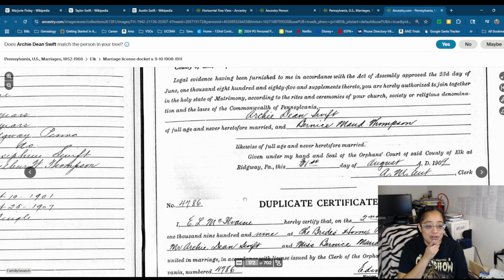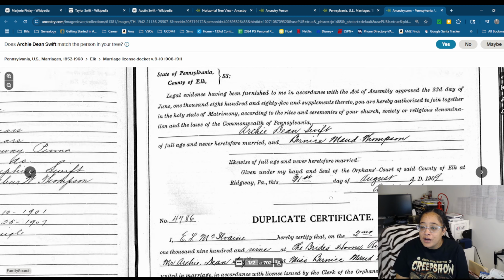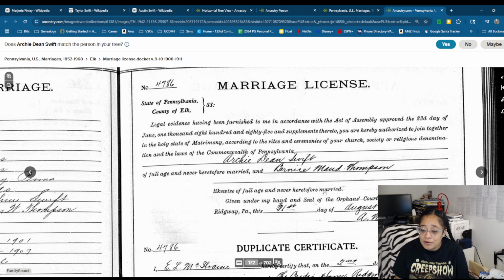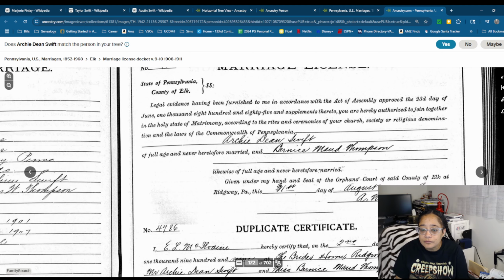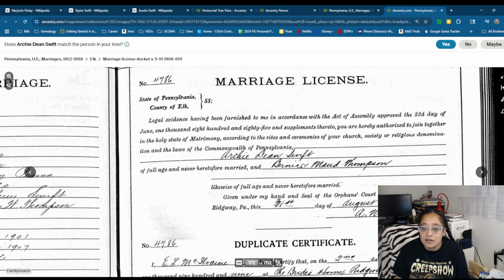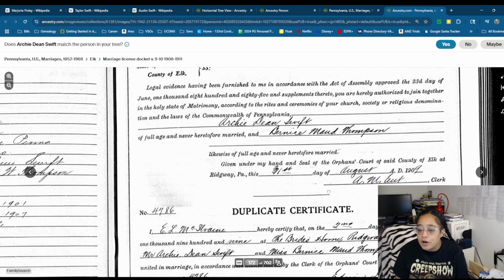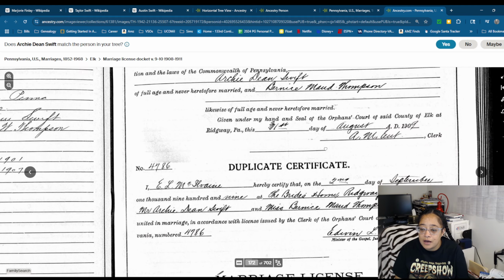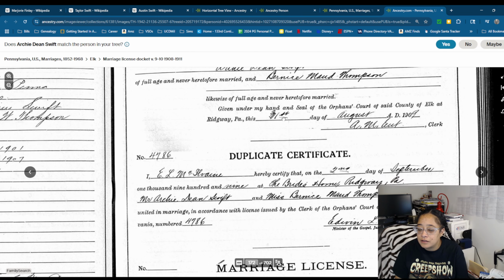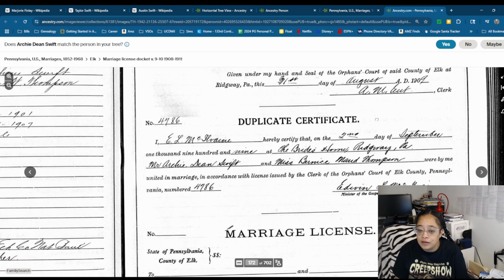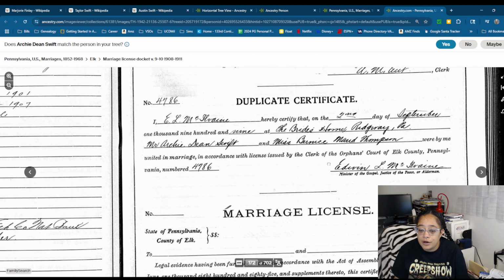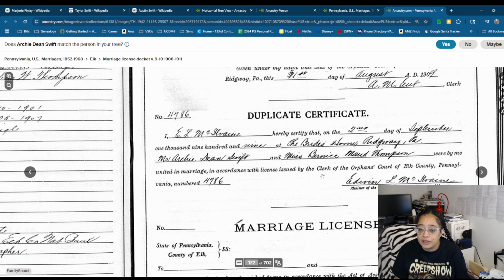So I'm going to make sure that I can make sure to do that. And this video is being recorded for later. So then we see this is the marriage license. Legal evidence has been furnished in accordance with the laws, and they had the license issued August 31st of 1909, and then a duplicate certificate.